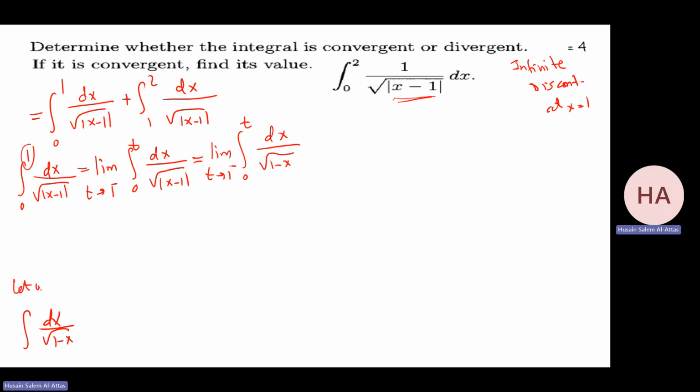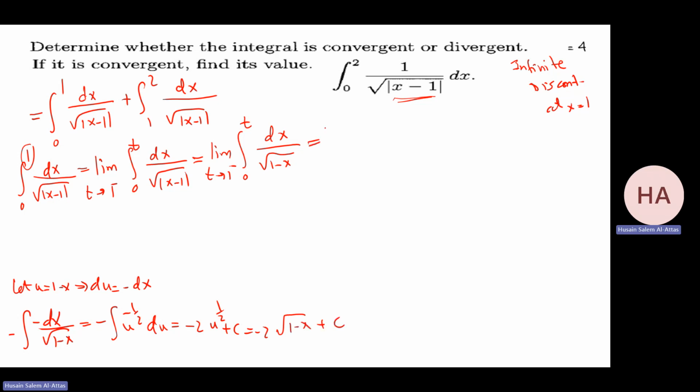Let me be careful. Let u equal 1 minus x, du will be what? Minus dx. So I need minus. That will be minus u to the power minus half du. That will be minus 2u to the power half plus c, which is minus 2 square root 1 minus x plus c.